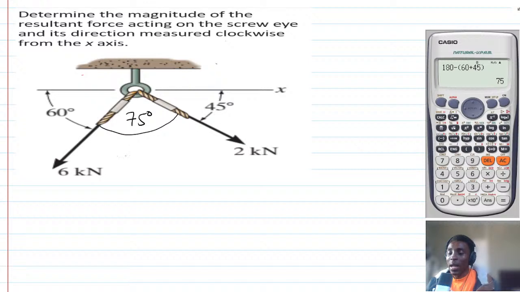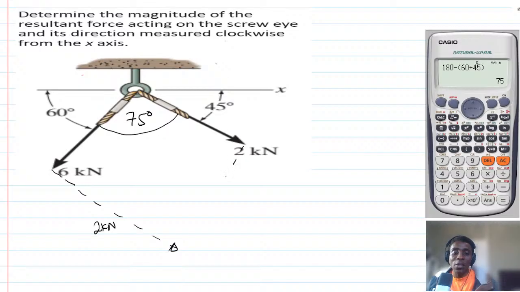Now if this is 75 degrees, how can I add these two forces? It's very simple and straightforward. You come here and extend this one here, like you are producing the force which is already there, and then you extend the other force which is here.